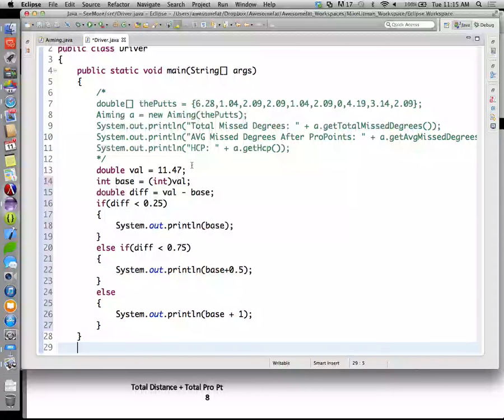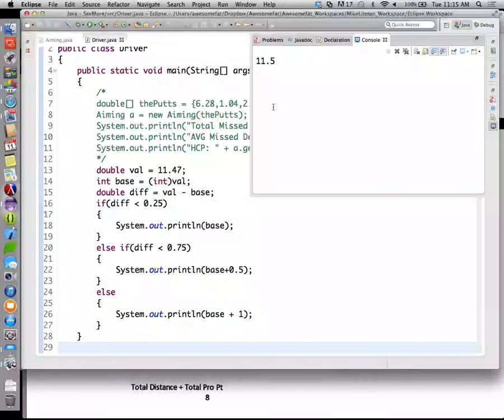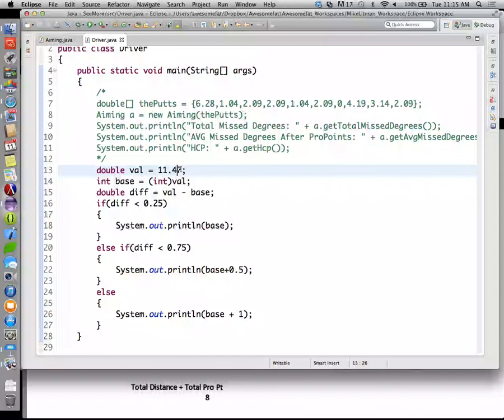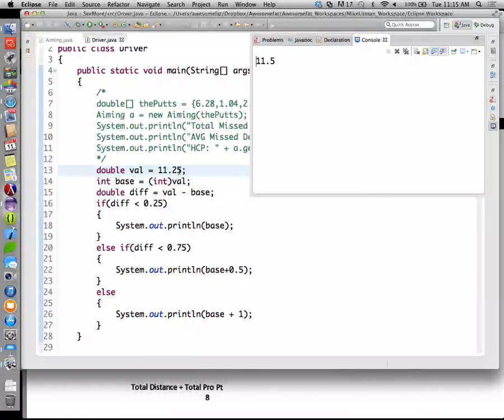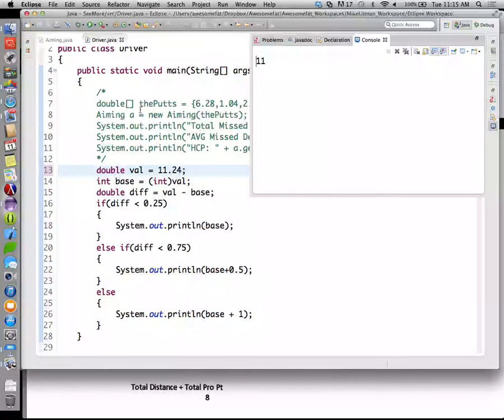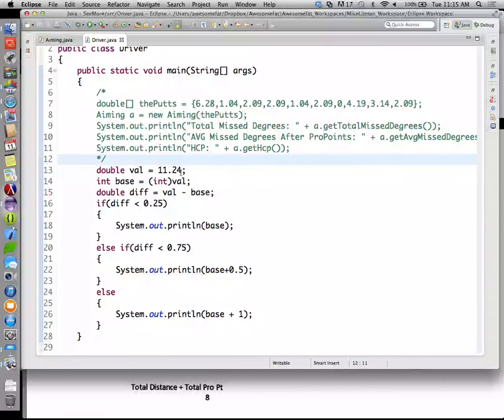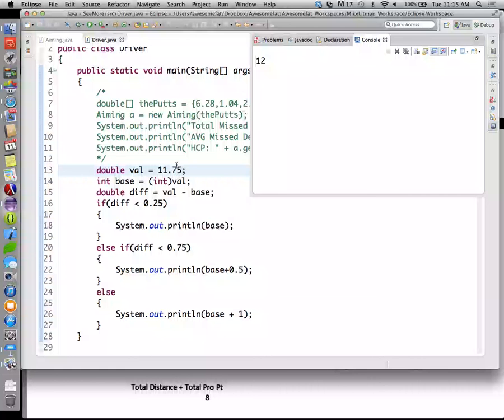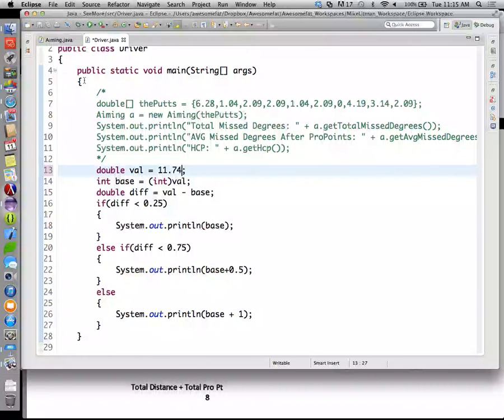So for 11.47, this should give us 11.5. For 11.25, this should give us 11.5. For 11.24, this should give us 11.0. For 11.75, this should give us 12. 11.74, this should give us 11.5.